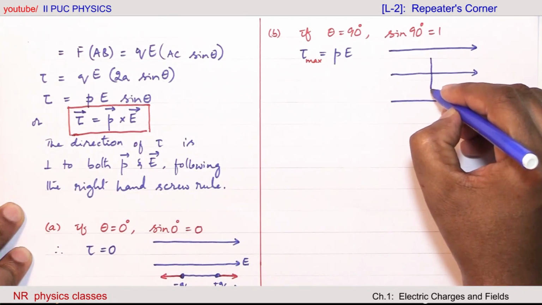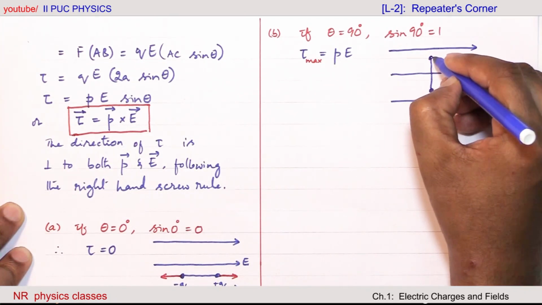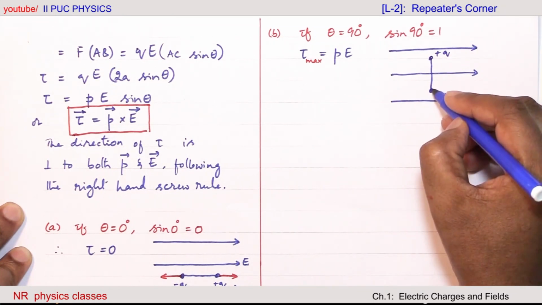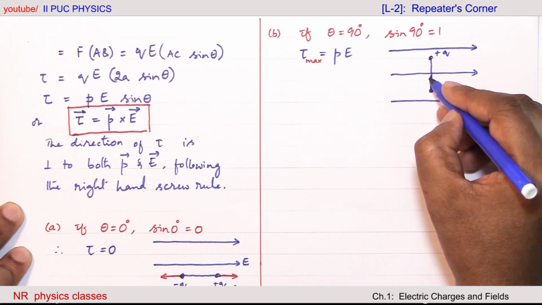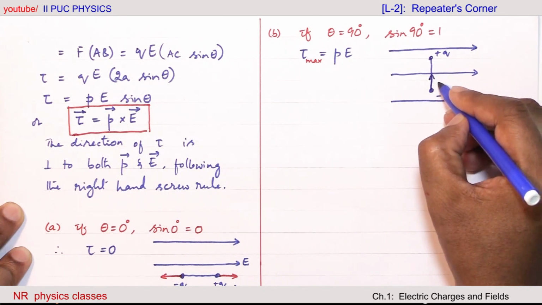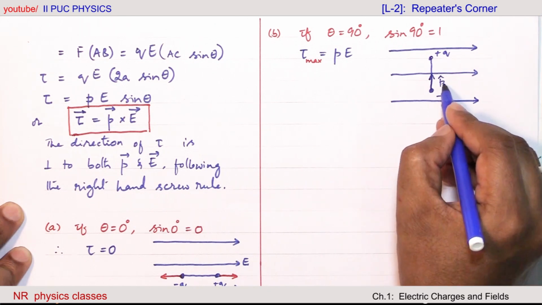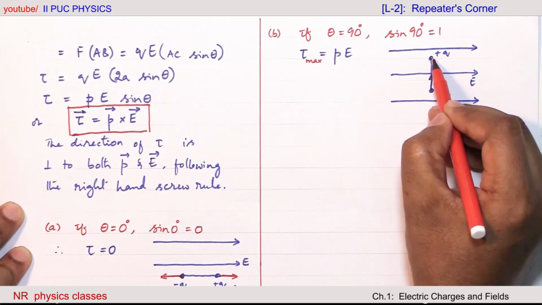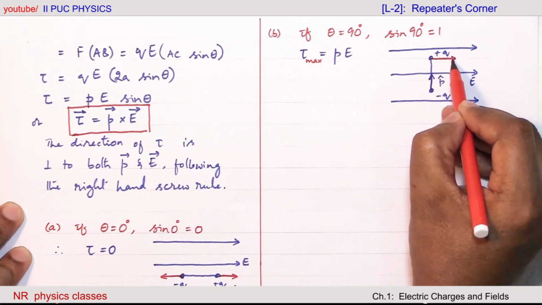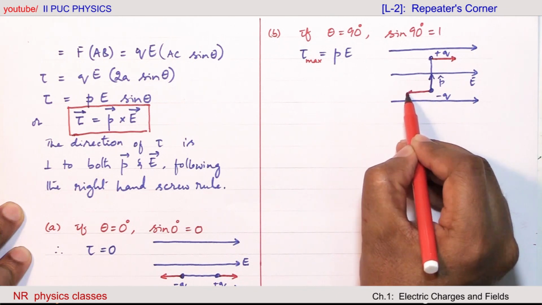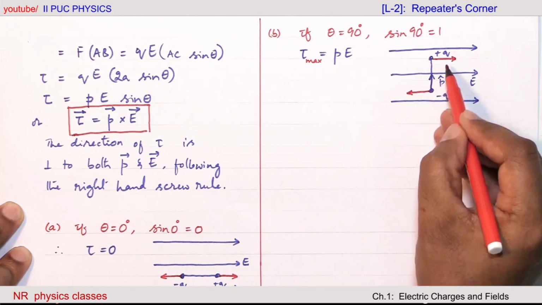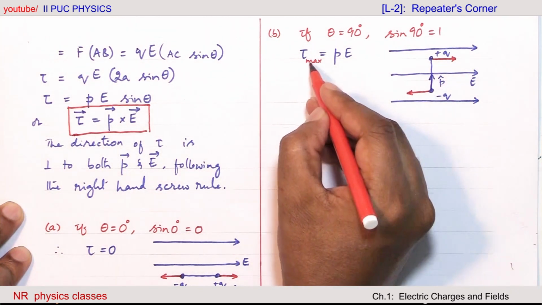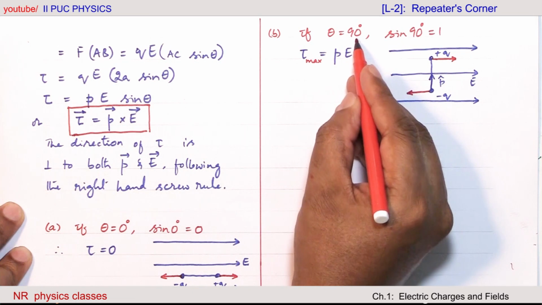This is the dipole, minus Q, plus Q. Dipole moment is from minus Q to plus Q. So this is P cap. This P cap is perpendicular to E. Force on plus Q is in the direction of the electric field, minus Q against. For this configuration, the turning tendency of these two forces is maximum. That is the meaning of torque is maximum if theta is 90.